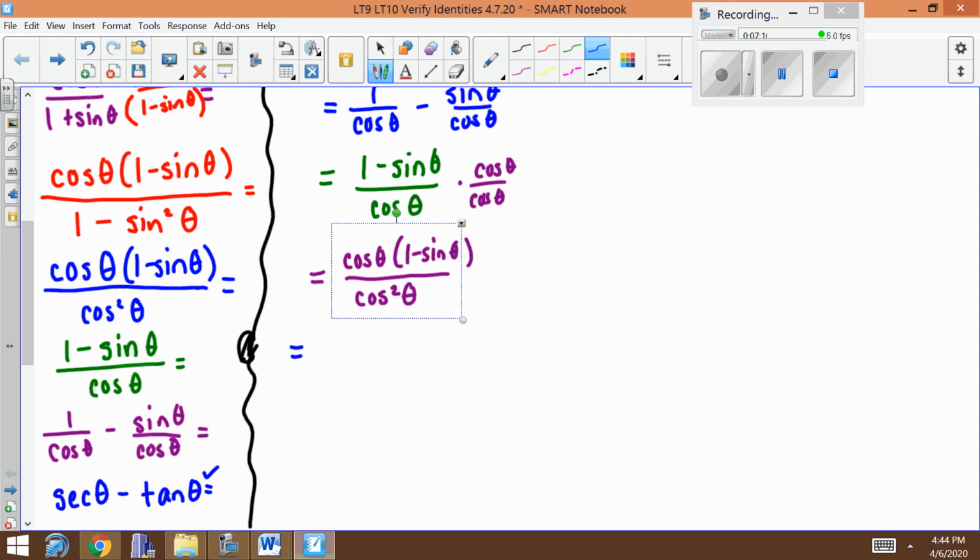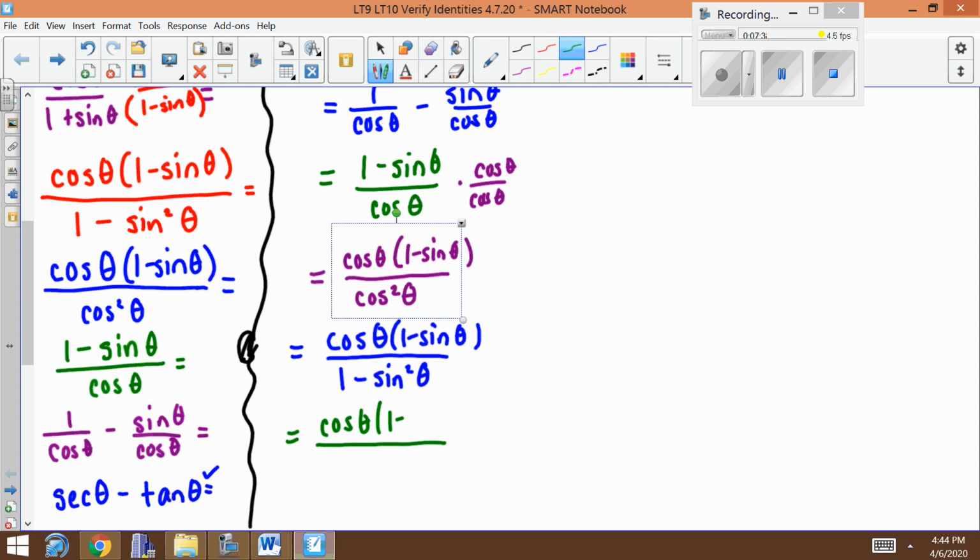If I'm looking at this here, our goal is to get a 1 plus the sine of theta in that denominator. So I'm going to change the denominator into sine. We know cosine squared is 1 minus sine squared. I'm going to leave this here. And now that I have that denominator, we know it is a difference of two perfect squares, so I can factor that.